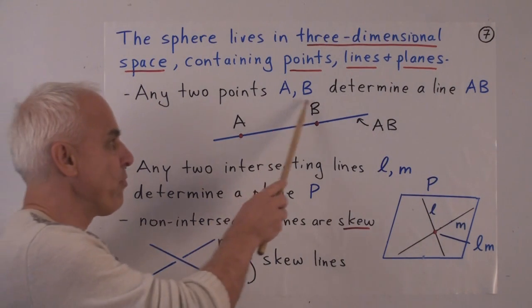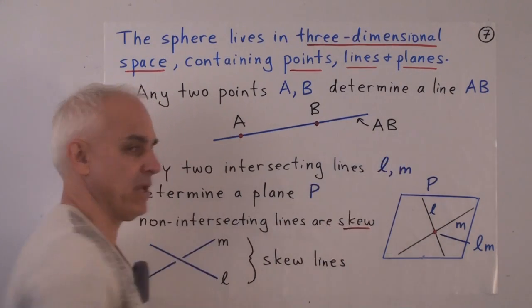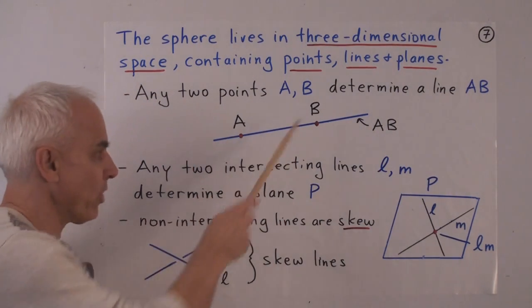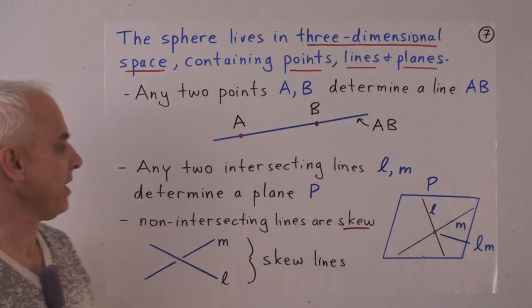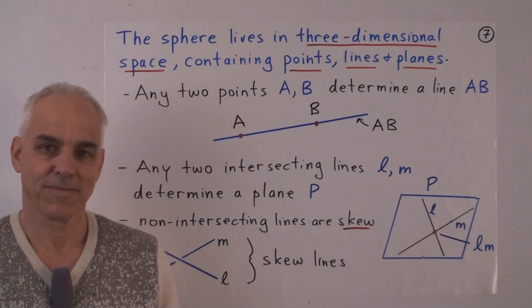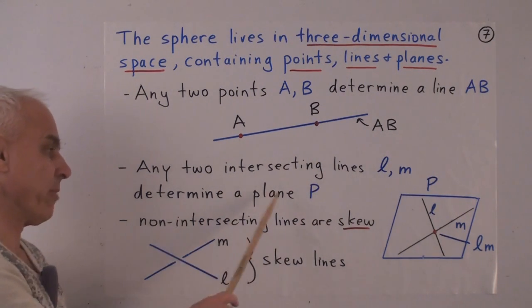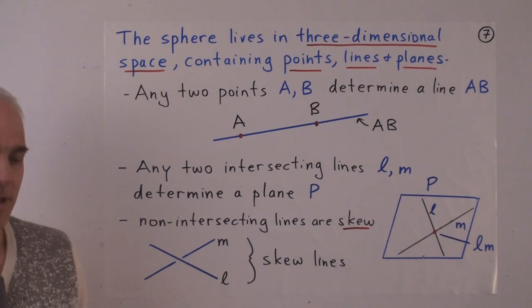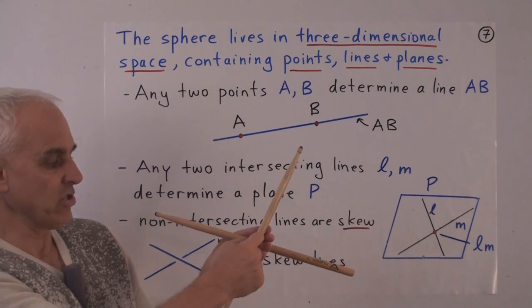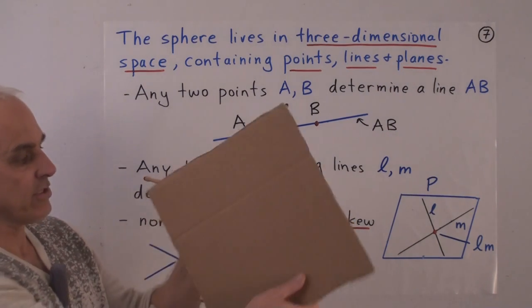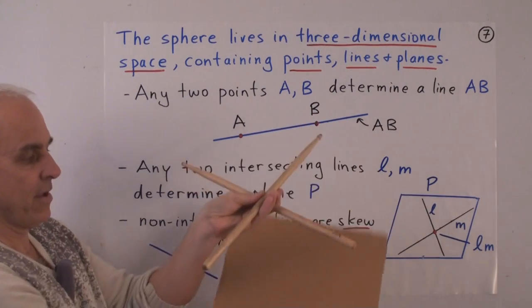First of all, if we have 2 points A and B, then they determine a line which we'll denote by AB. So AB is the line joining A and B. We'll often say the join of A and B. Secondly, any 2 intersecting lines, say L and M, determine a plane, P. So here's a line and here's another line, and if these 2 lines are intersecting, so imagine they actually meet there, then those lines form a plane.